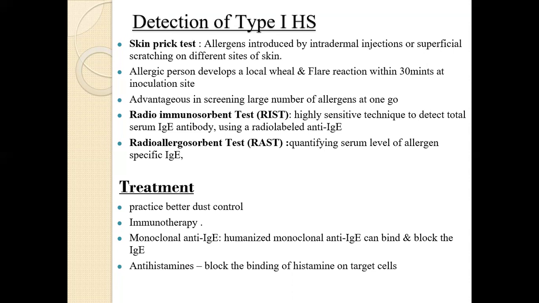So we are giving a humanized monoclonal anti-IgE that can bind and block the IgE. Antihistamines block the binding of histamine on target cells. So these are the treatment strategies we can adopt to treat this type 1 hypersensitivity reaction.